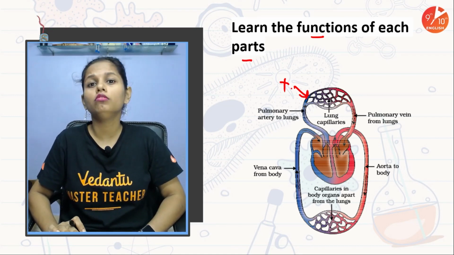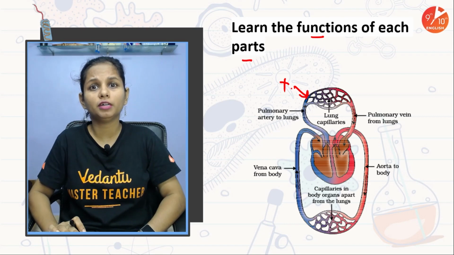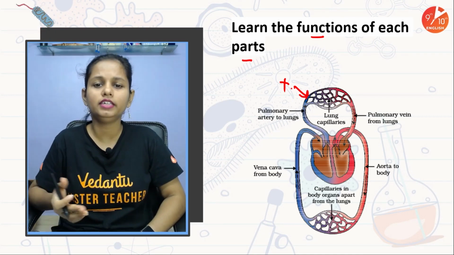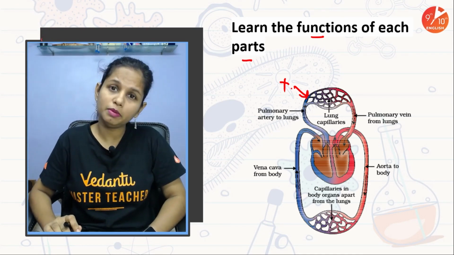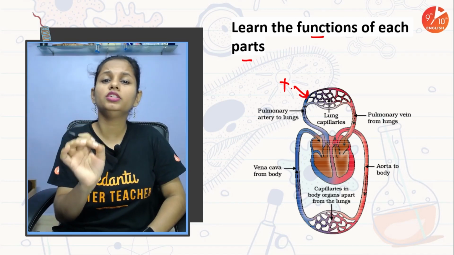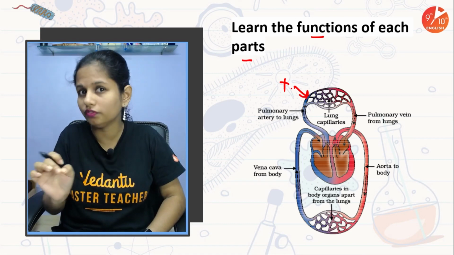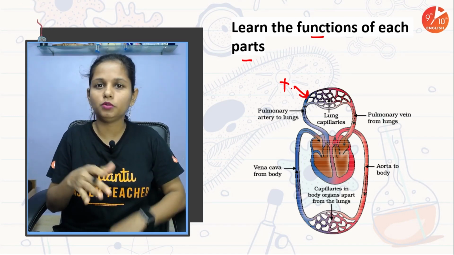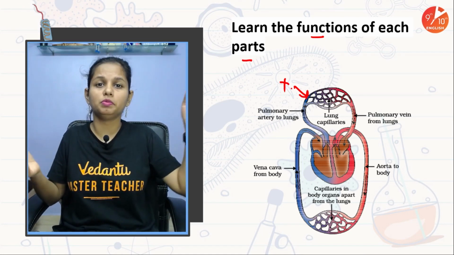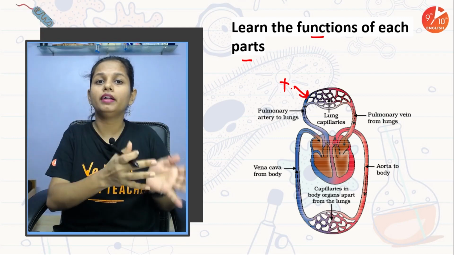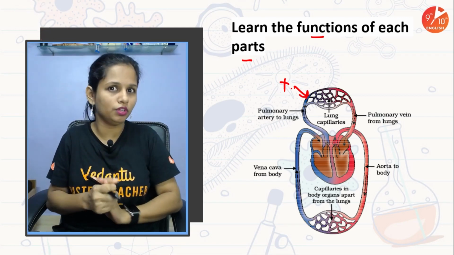So children, we know that it carries deoxygenated blood to the lungs for oxygenation, right? That's the pulmonary artery. So yes children, clearly you need to understand the function of each and every part of the diagram. Okay, because this time you don't need to rote-learn the big answers, but you need to actually have better conceptual understanding of the concept.